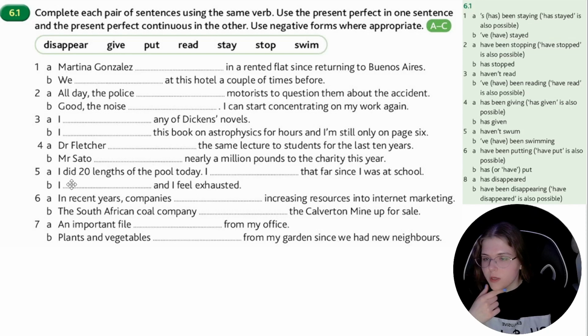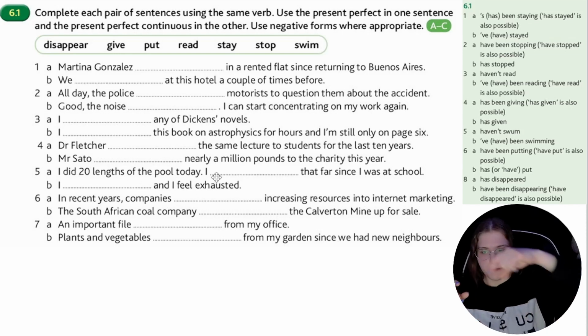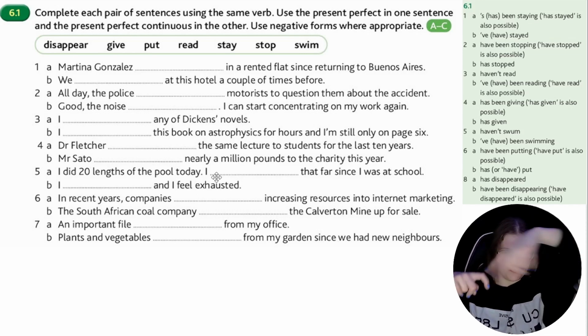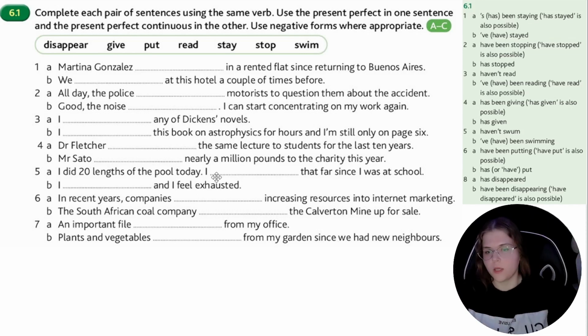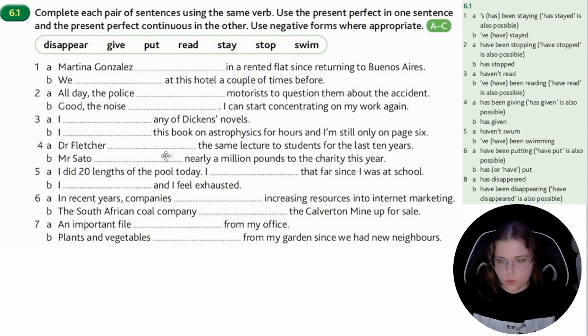I did 20 lengths of the pool today. 20 lengths, like to and fro, 20 times, in the swimming pool. Today I haven't swum that far since I was at school.